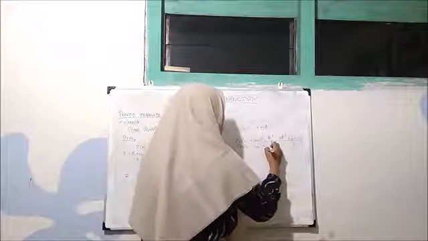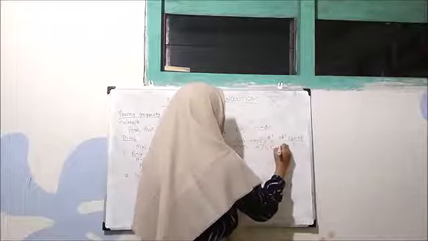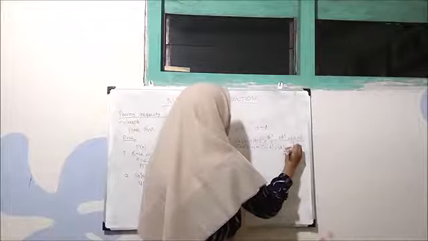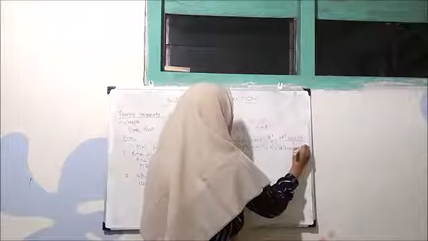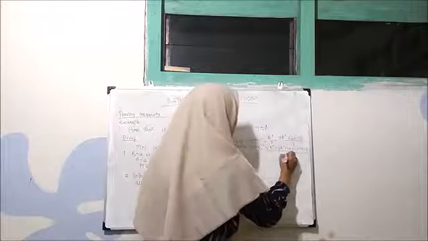That is k cube plus 3k square plus 3k plus 1 plus 3k plus 2 over 3.